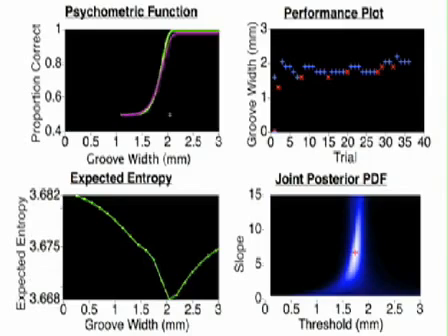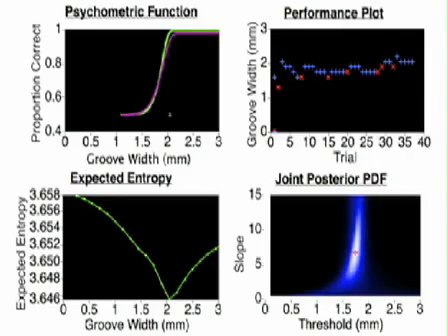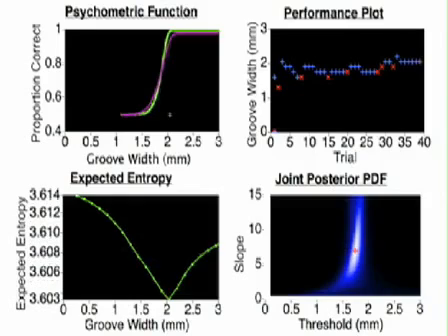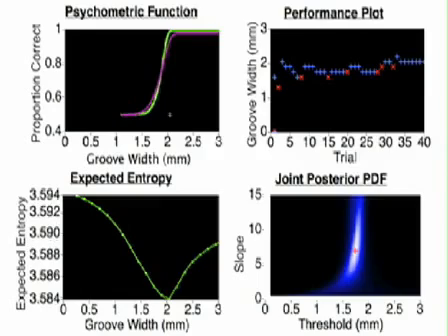As we collect more data, our estimation becomes refined. The joint posterior PDF becomes narrower, indicating that our uncertainty of the estimated parameter values is decreasing. You can also see that with more data, the estimated curve approaches the shape of the real curve.